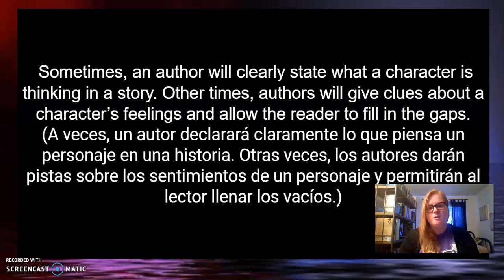So sometimes an author will clearly state what a character is thinking in his story. Other times, authors will give clues about a character's feelings and allow the reader to fill in the gaps. So this is where we're talking about inferences.